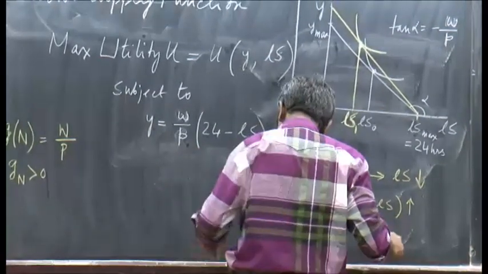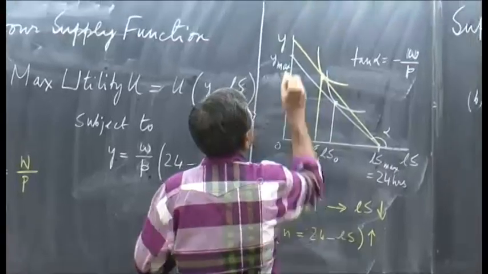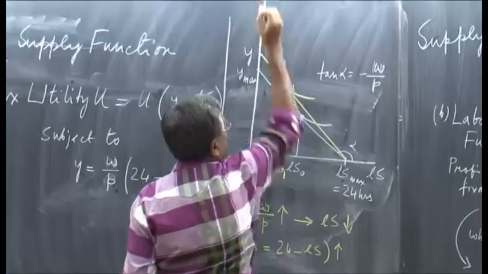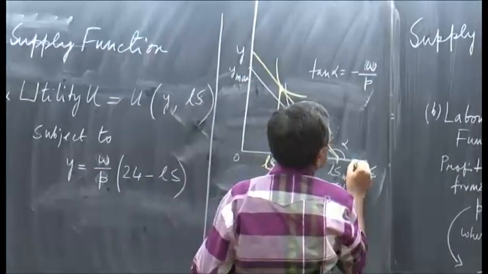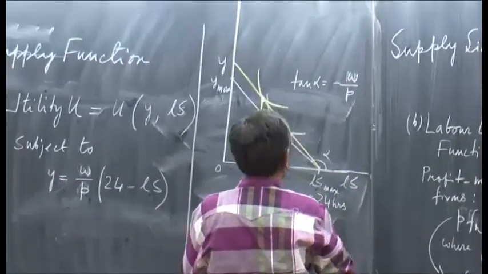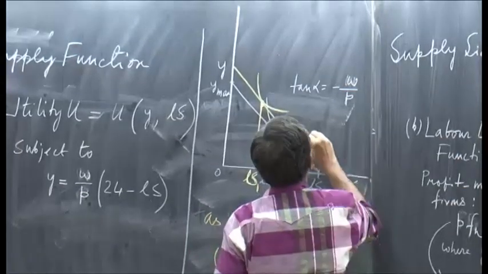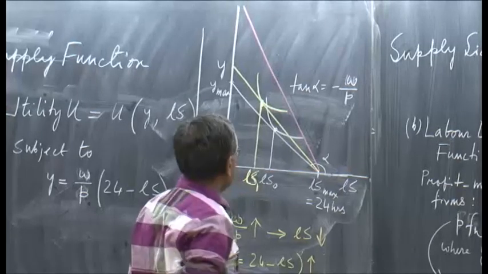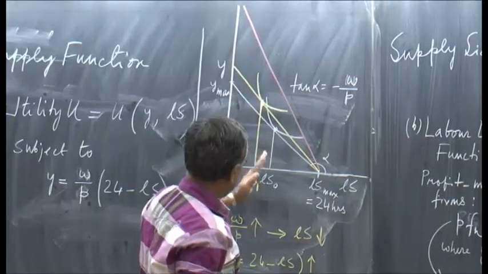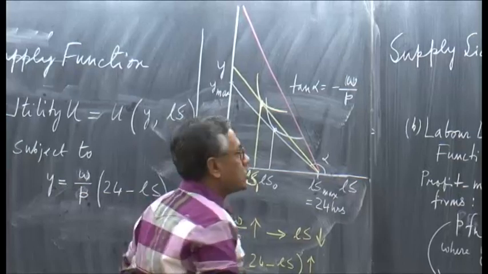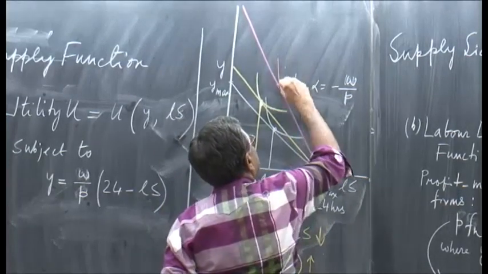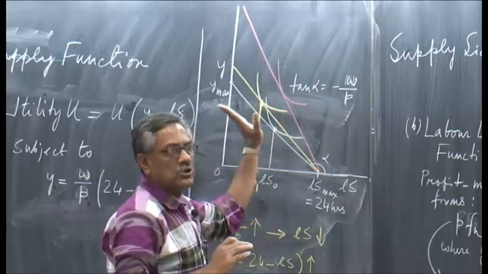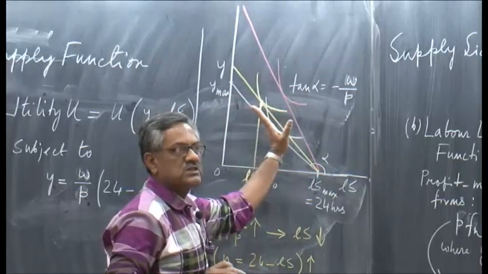Now, if the budget line is becoming steeper and steeper, suppose after a point it has become very steep, say this pink or brick colored line, you don't get a tangency point where LS is declining anymore. You may get a tangency point where LS has started increasing. So there is a shift in the utility function.